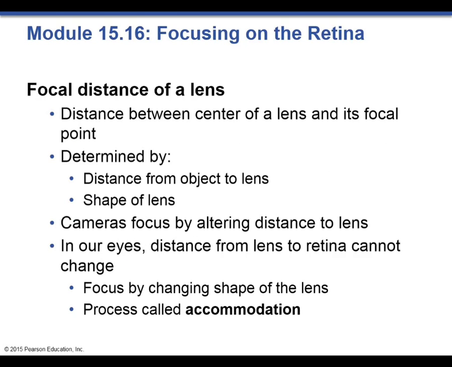So the light is coming in, and we're trying to get it to a focal point. And to do that, the lens is going to be changing shape a little bit, bending and flattening to help create that focal point. When you look at something far away versus when you look at something close, we all do pretty well with that for the first 30, 40 years of life, right? At about the age of 40, the eye doctor's saying, well, you probably need to look at some bifocals, right?